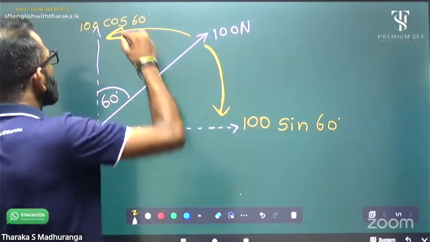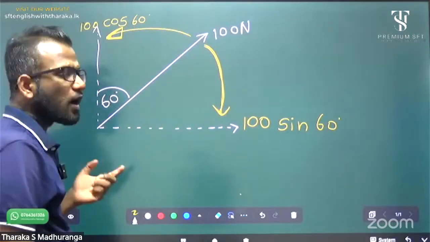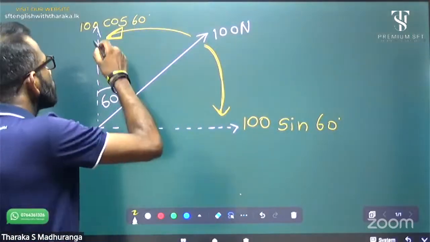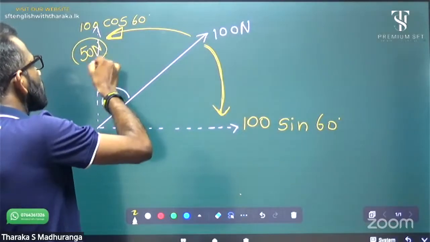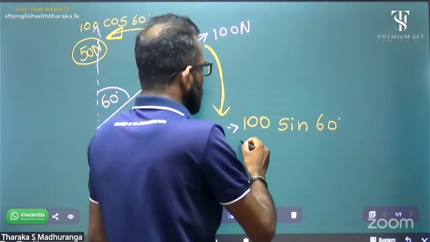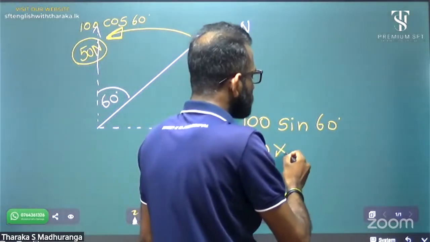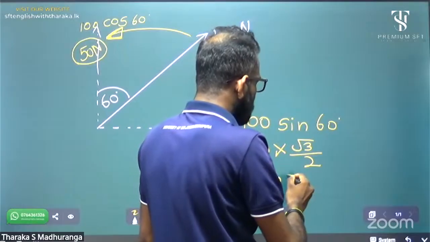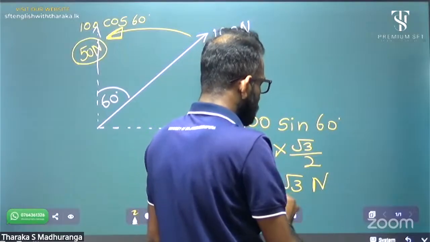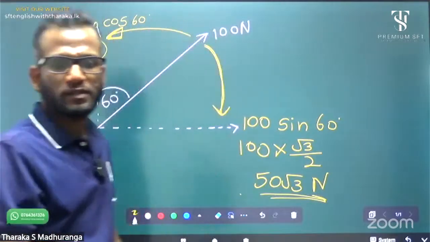You know, cos 60 value is always half. Cos 60 is half, which means the y component is 50 Newton. 100 sine 60 is root 3 over 2, then it is 50 root 3, which is the x component of this 100 Newton force.